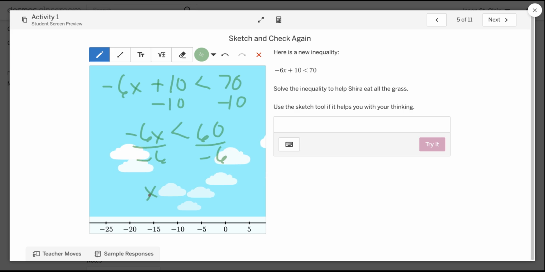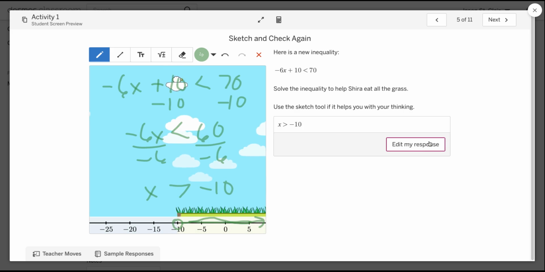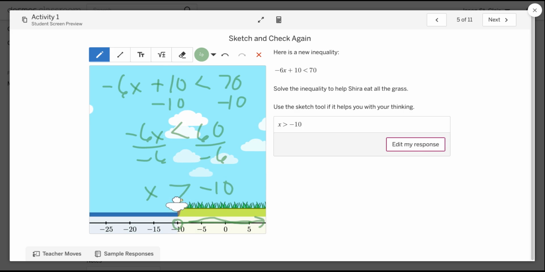That's going to leave me with x. That's going to leave me with negative 10. And because we divided by a negative, I have to flip the signs. So it's going to be an open circle to the right. Let's see if we're right. And we got it.